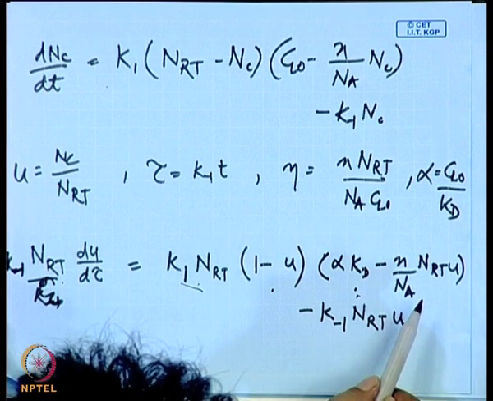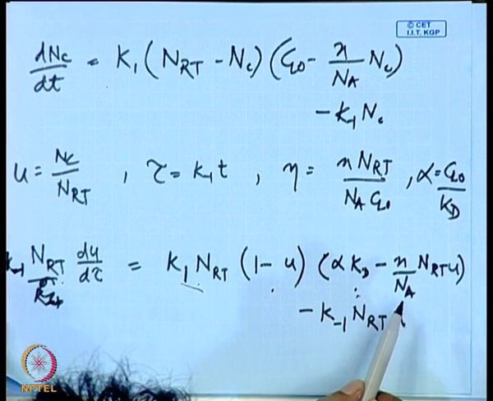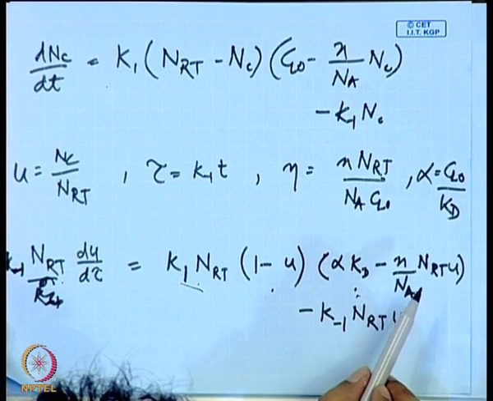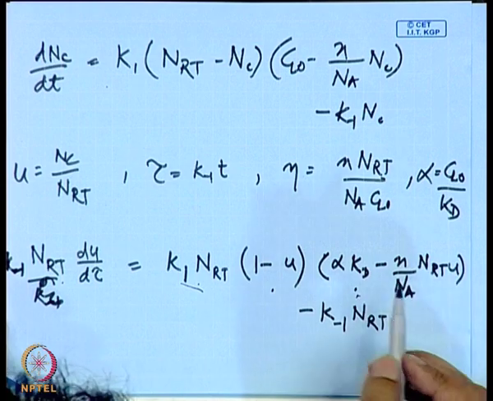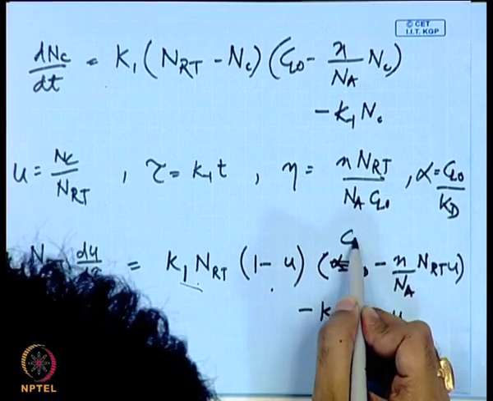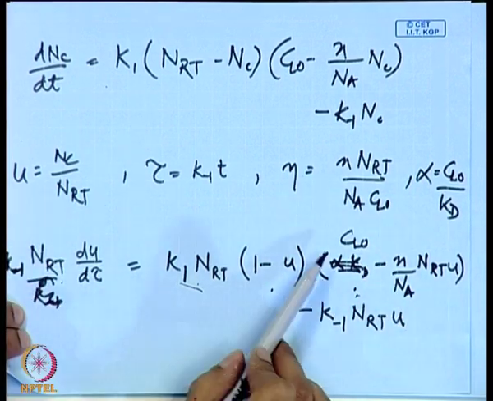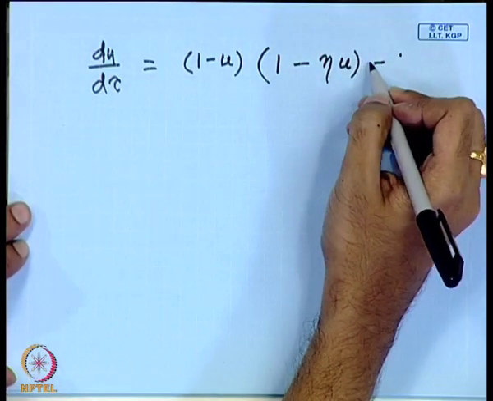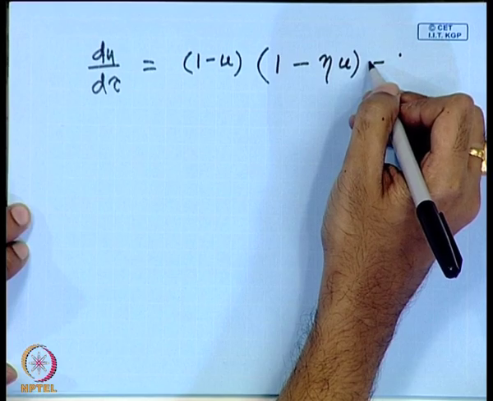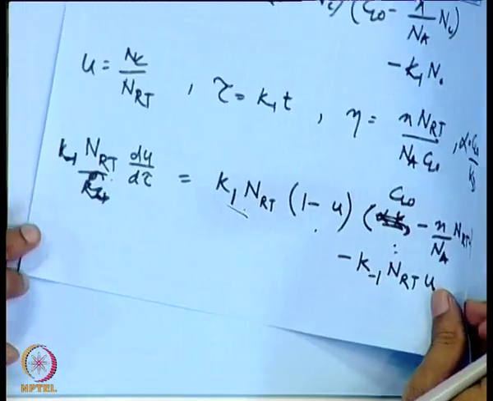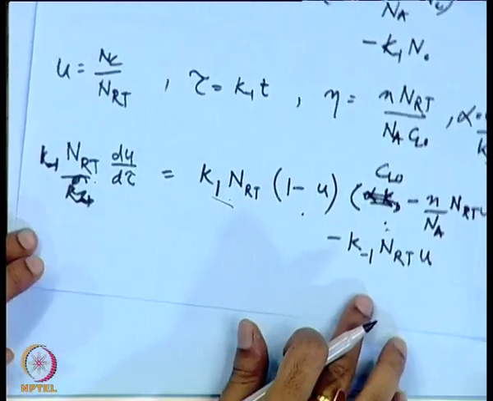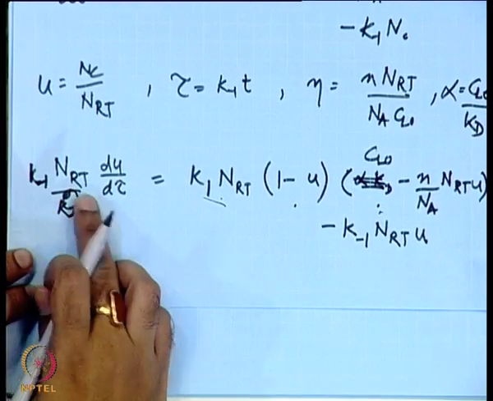So basically, it might be better to just keep this as Cl naught instead of alpha Kd and then divide the whole thing by Cl naught. So you divide everything on both sides by K minus 1 nRT.